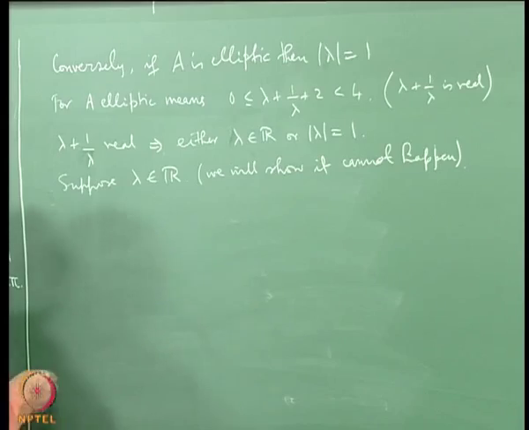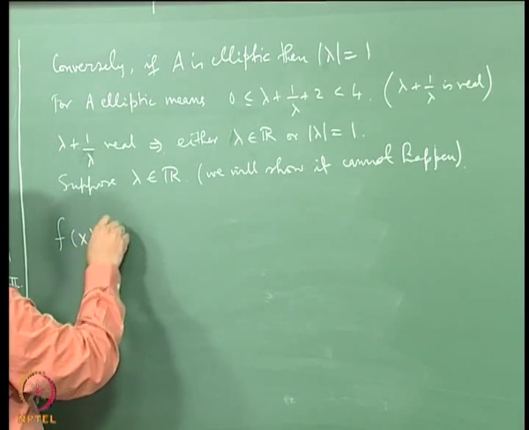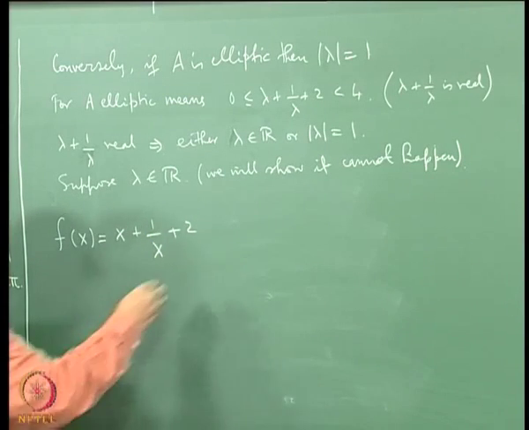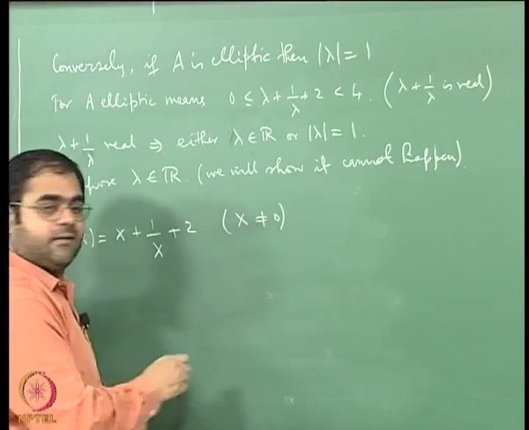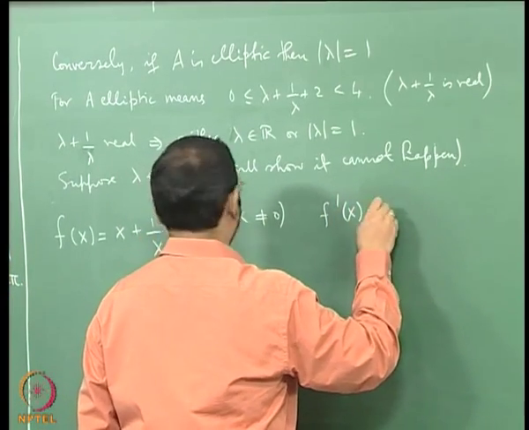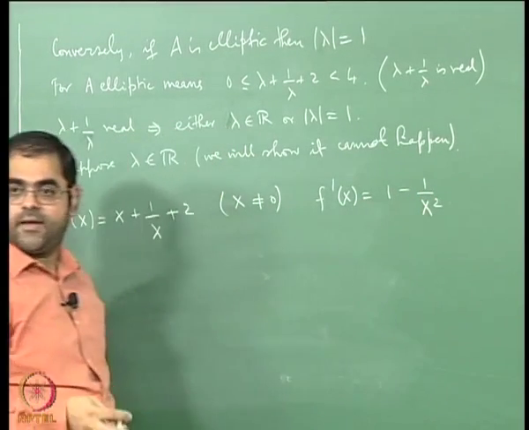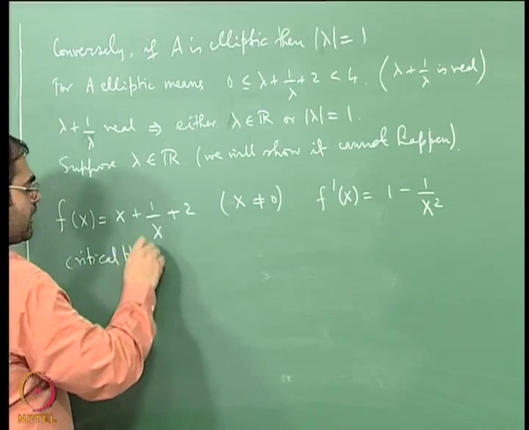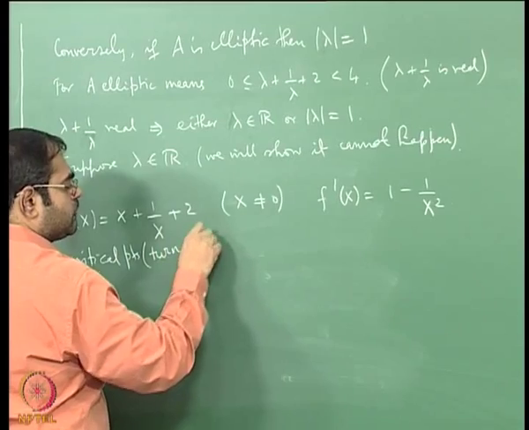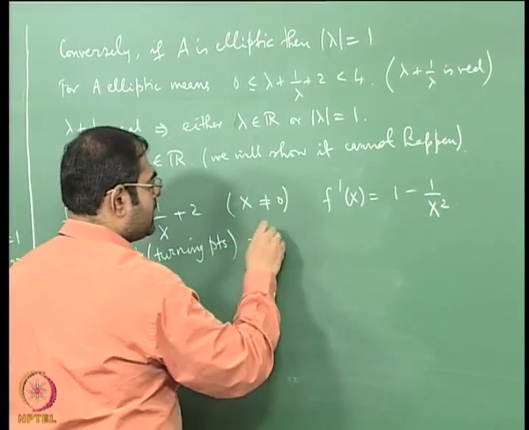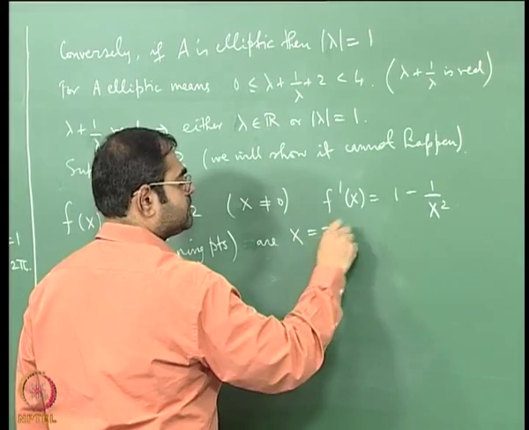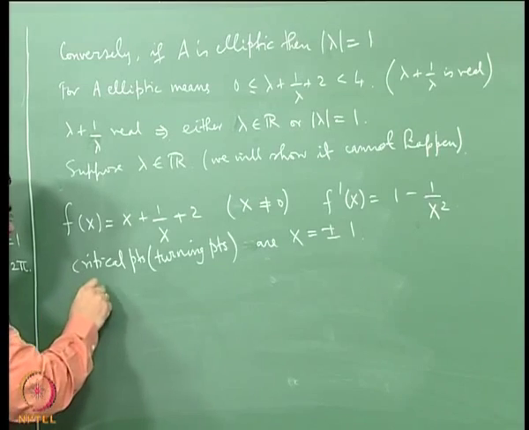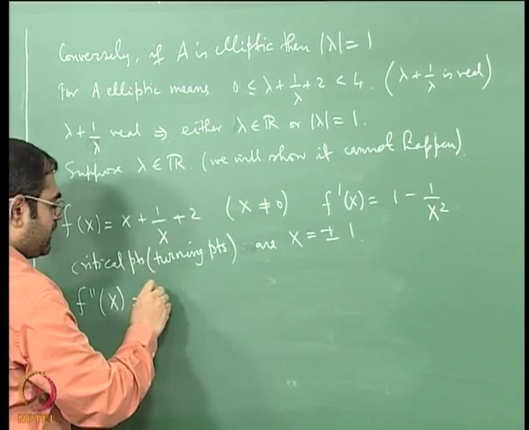Why? Because you see, you take the function f of x equals x plus 1 by x plus 2, okay, take this function, then of course x not equal to 0, then you will see that its derivative is 1 minus 1 by x squared, and therefore critical points or turning points of the graph of the function are x equal to plus or minus 1. I have to equate this to 0, alright, and the second derivative of the function is going to be 2 by x cube.